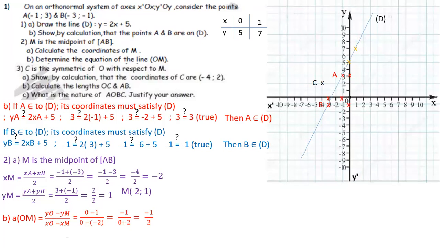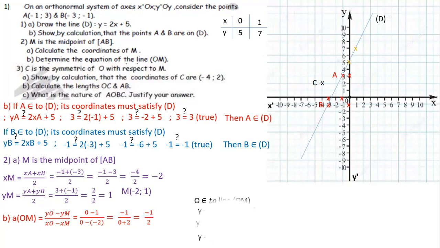But whenever you have a straight line passing through the origin of the axes, which is O, it's easier to choose O, not M. So you should say O belongs to the straight line OM. Good. Why is it easier? Since the coordinates of O are 0, 0, it's easier for my calculation.